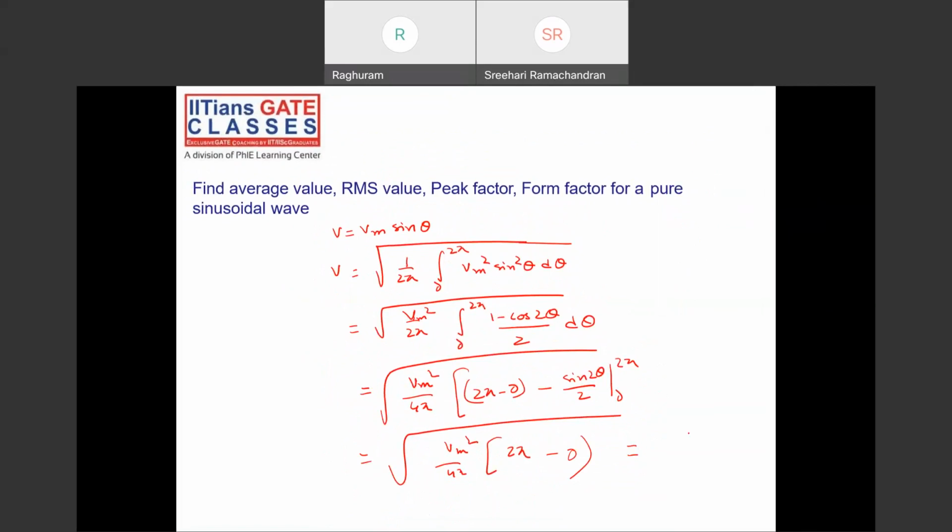So pi gets cancelled. Vm by root 2, which is 0.707 Vm. So RMS value Vrms is equal to 0.707 times the maximum value.